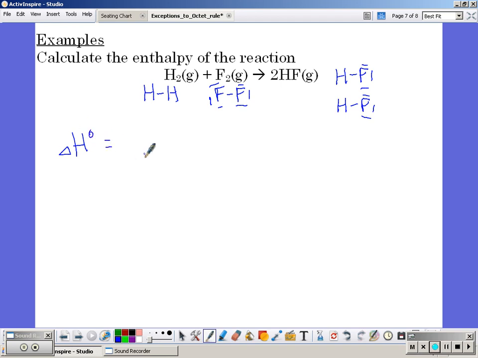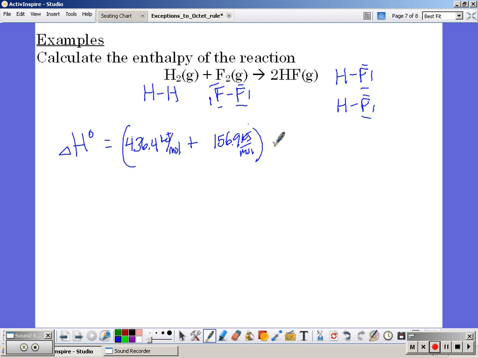So I have one hydrogen-hydrogen bond, which has a value of 436.4 kilojoules per mole, plus one FF bond, which has a value of 156.9 kilojoules per mole. So those are my reactants. Then I'm going to subtract my products.